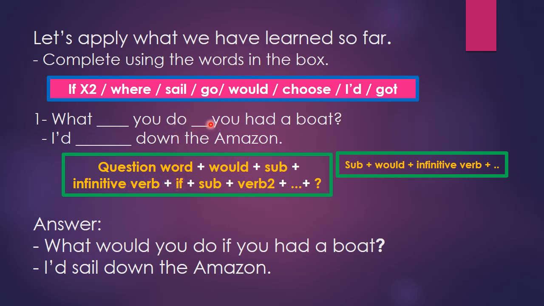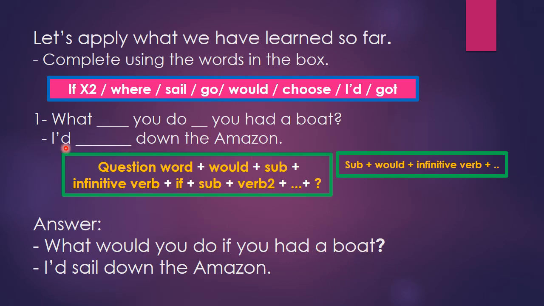Okay, so I need an if here. I have two ifs, this is by 2, so I put 1. Then comes the subject, which is you. Then comes verb 2, had, the verb 2 of verb 1, have or has. Then comes the rest of the sentence. Then comes the question mark. So as it is here, what would you do if you had a boat?